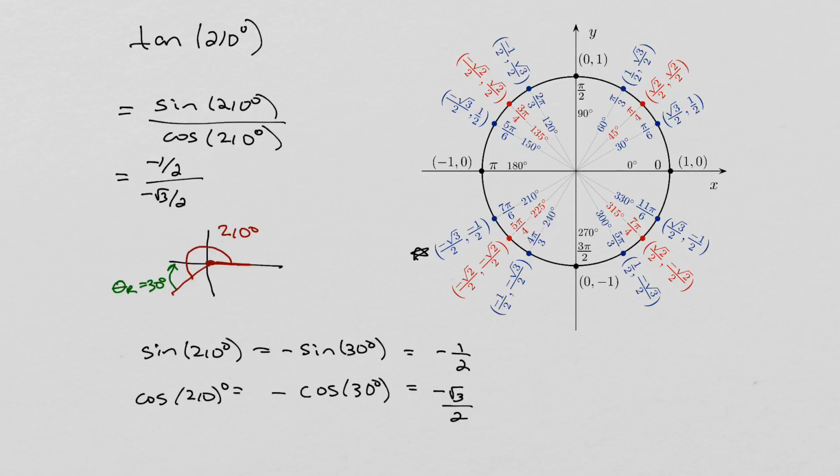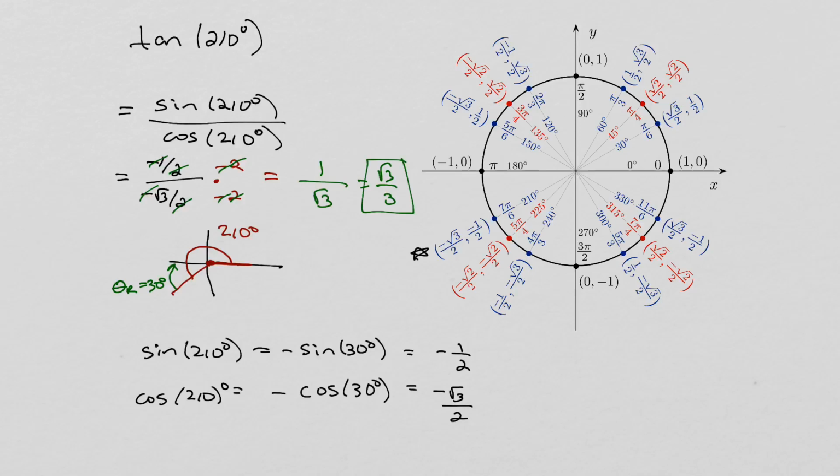To help out here, you can do the flipping and multiplying we did on the last one, but I'm going to multiply the top and bottom by a negative 2, because that will get rid of the fractions in the denominators and get rid of those negative signs. So what I'm left with is a 1 up top and the square root of 3 down below, which again we can simplify into the square root of 3 over 3.